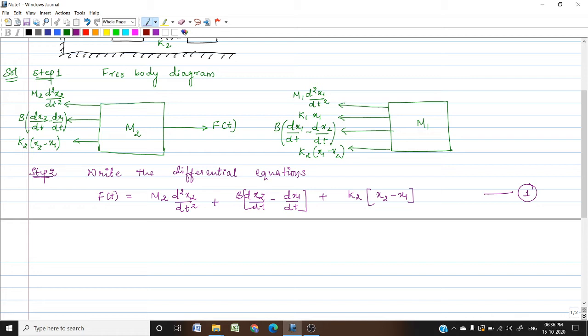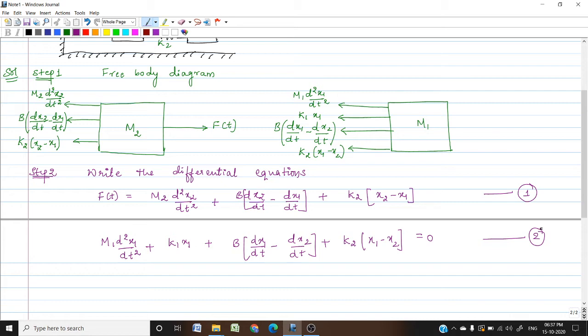So I can write here m1 d square x1 by dt square plus k1 x1 plus b (dx1 by dt minus dx2 by dt) plus k2 (x1 minus x2) is equal to 0, because there is no input force acting on mass m1. So this is now my equation number 2.